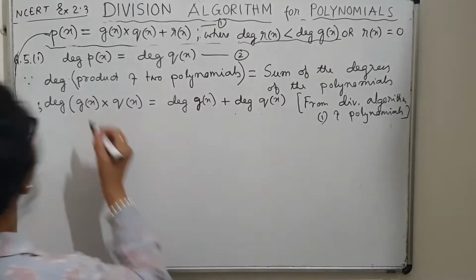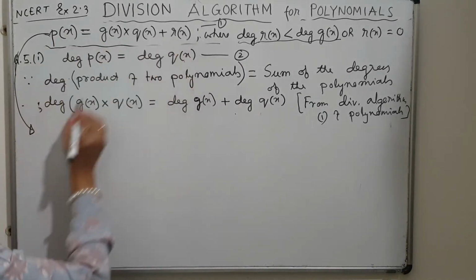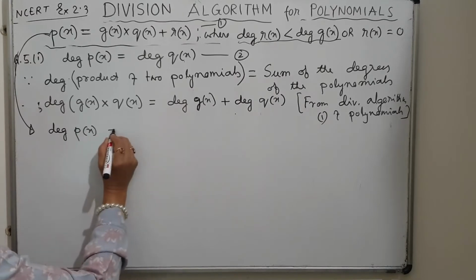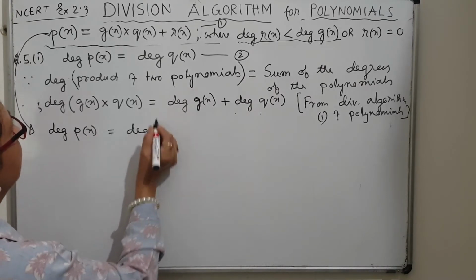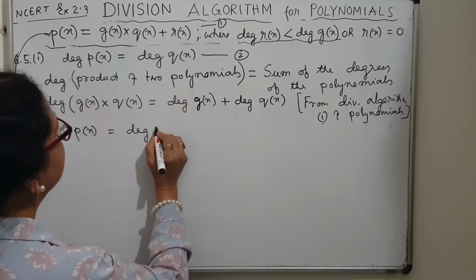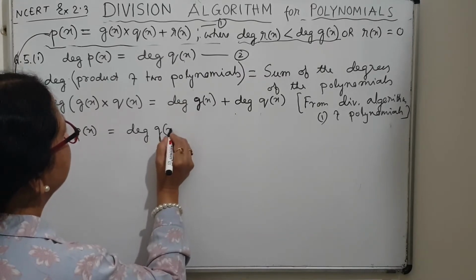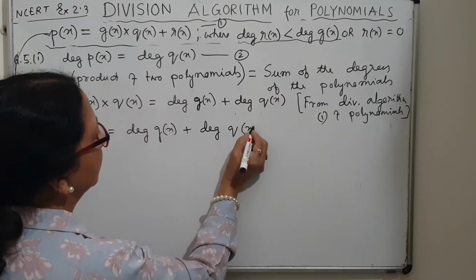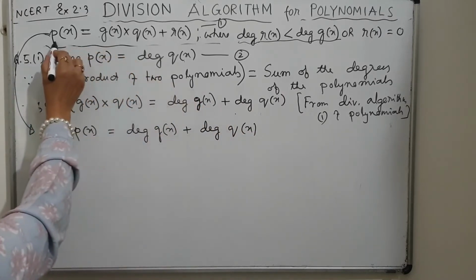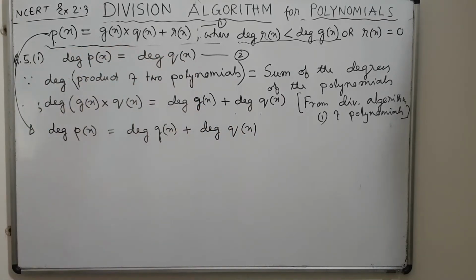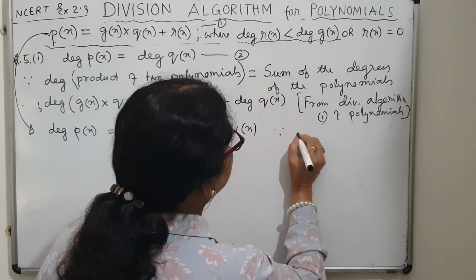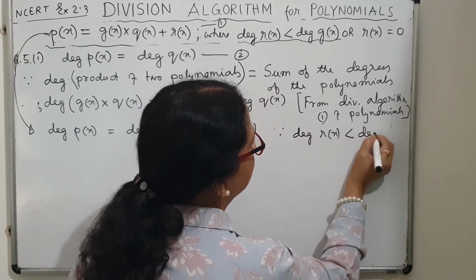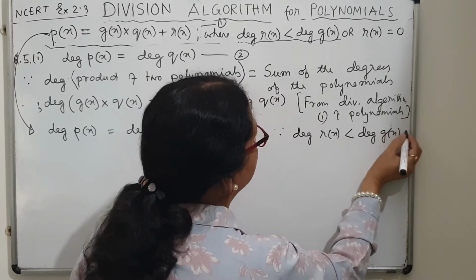Okay, now the degree of both sides. The degree of Px will be the degree of this, that is, the degree of Gx plus the degree of Qx. The degree of this is the same as the degree of this, since the degree of Rx is less than the degree of Gx.